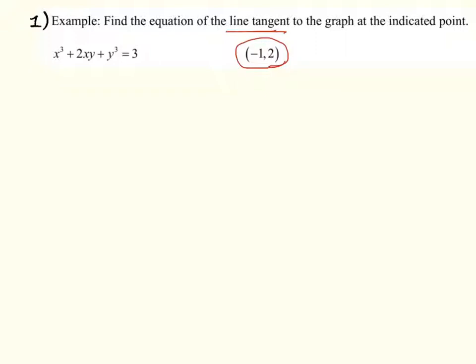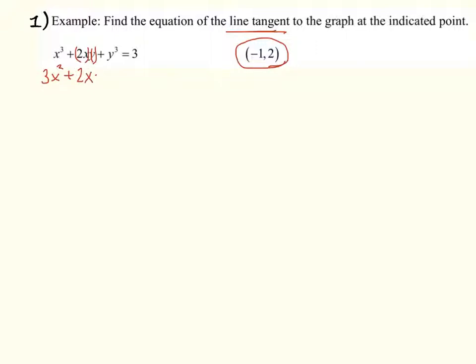Alright, so we're going to take the derivative of the left and right hand side. The derivative of x cubed is 3x squared, plus, now we have 2xy, so we're going to use the product rule, and 2x is going to be our first and y is going to be our second. So it's going to be 2x times the derivative of y.